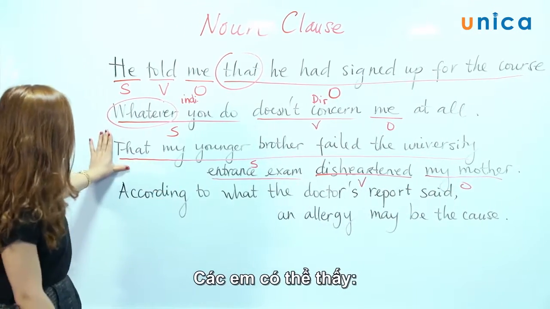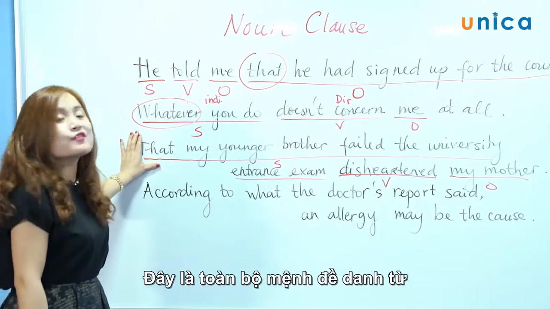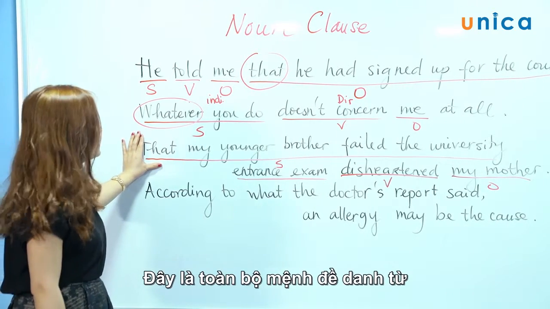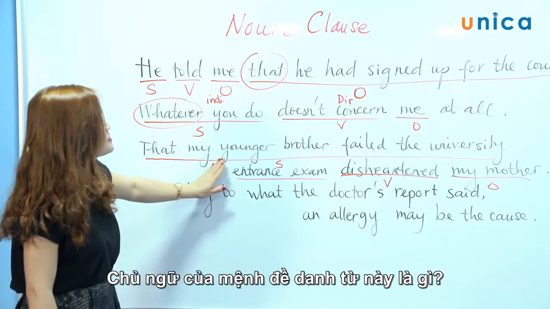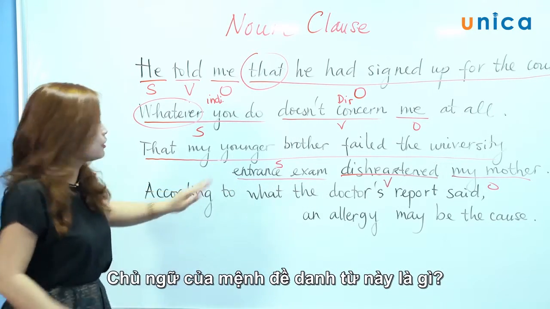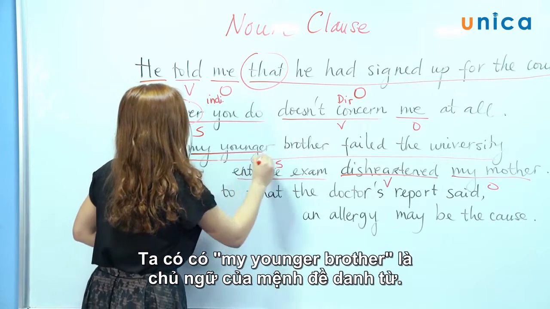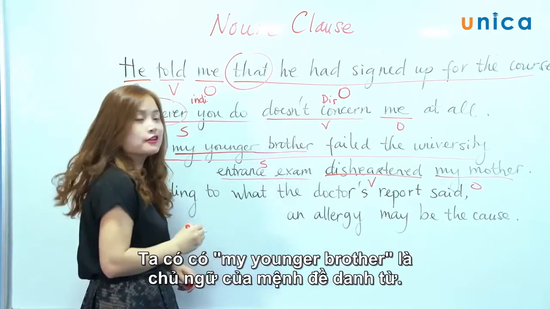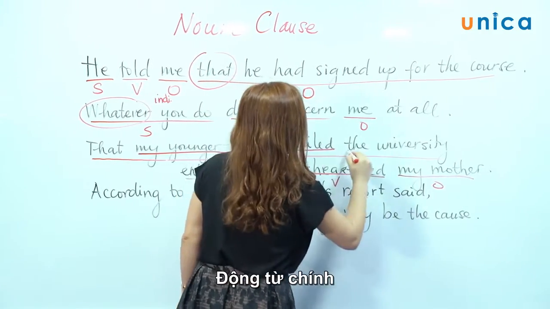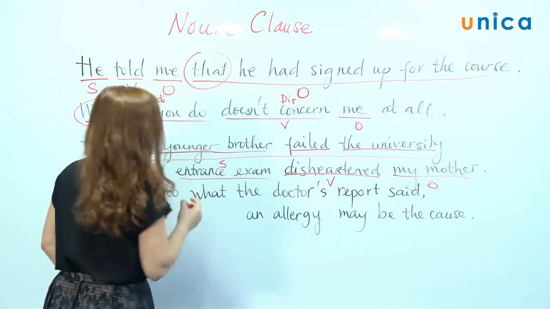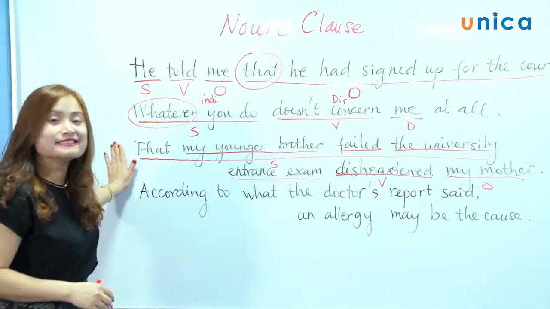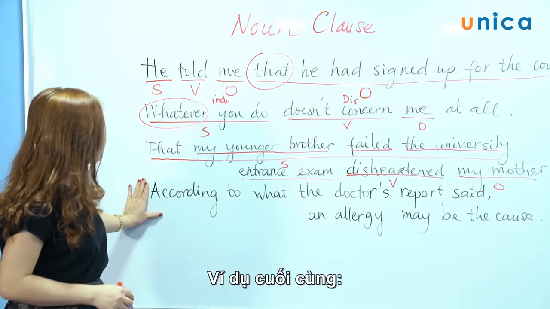So here you see this is the whole noun clause. And what is the subject of this noun clause? We have my younger brother. It's the subject of the noun clause, and then main verb and then the object. Good job.